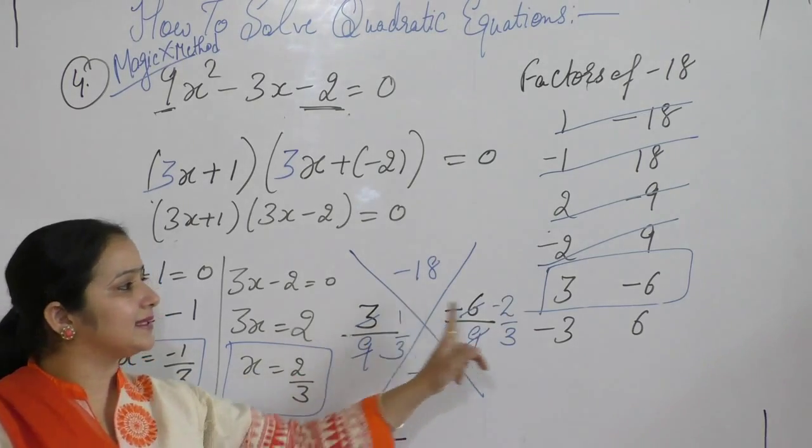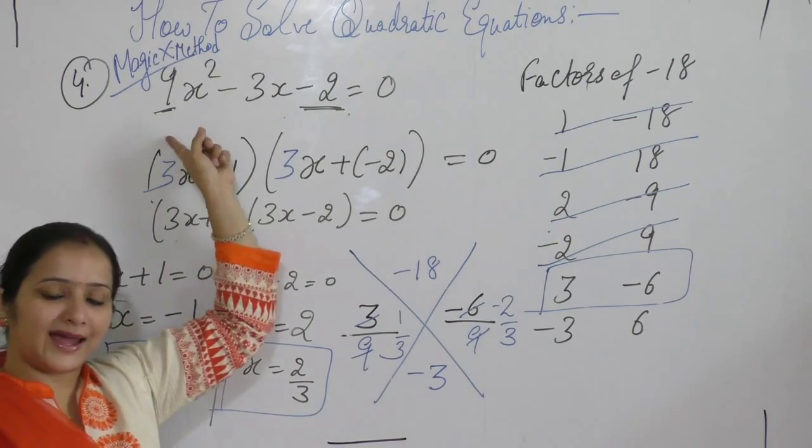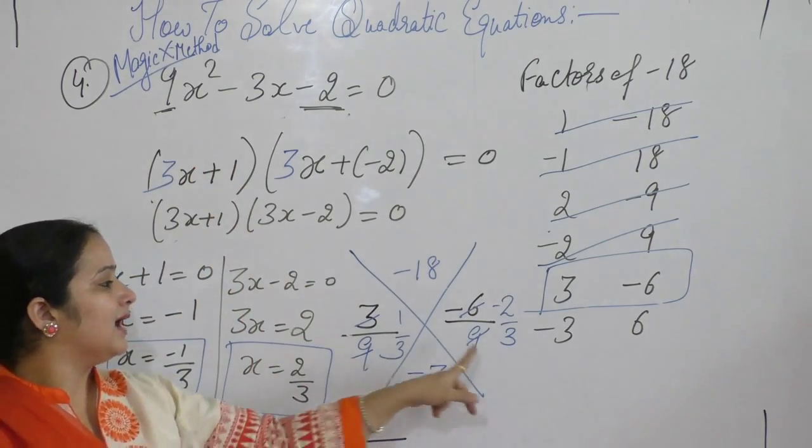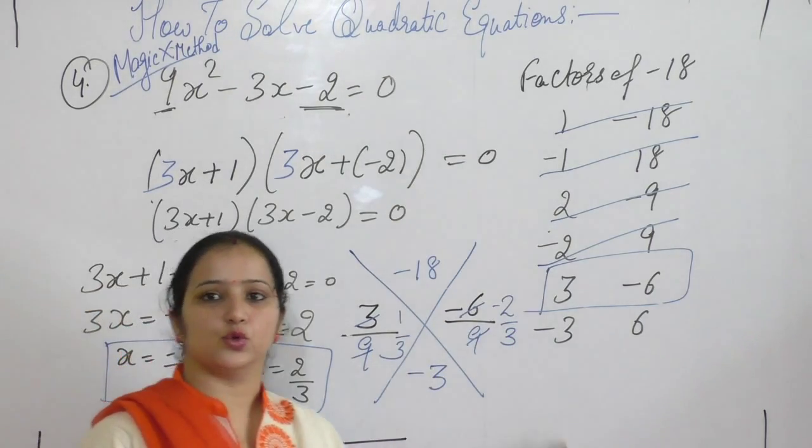The factors are 3 and -6. Divided by the coefficient of x², that is 9, we get the numbers 1 by 3 and -2 by 3.